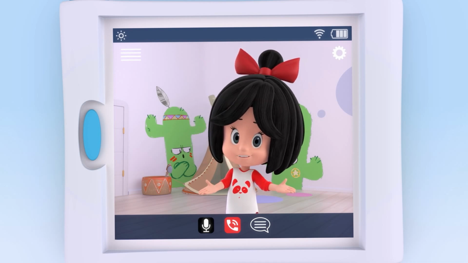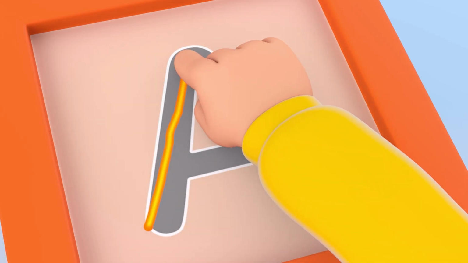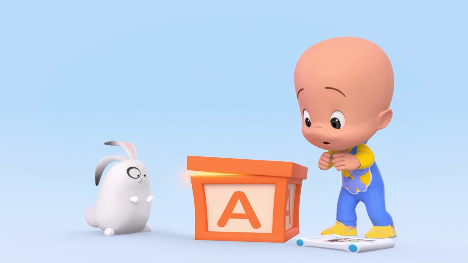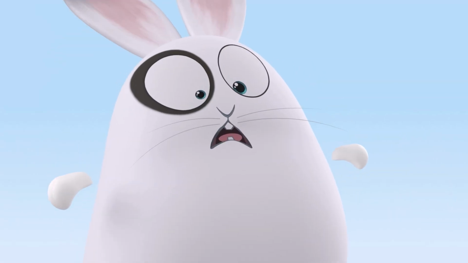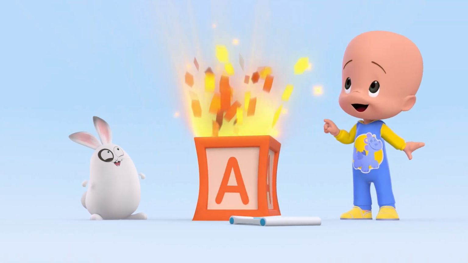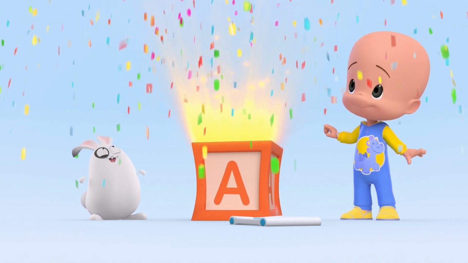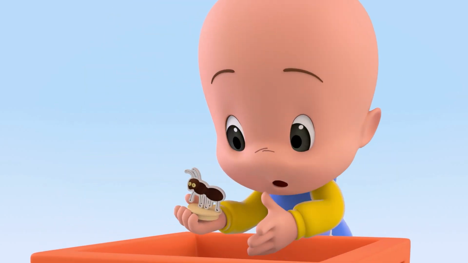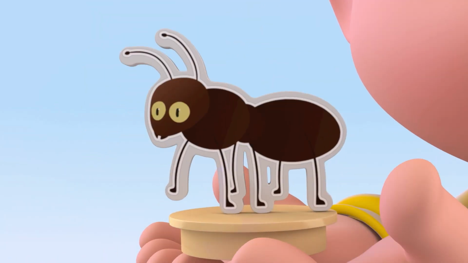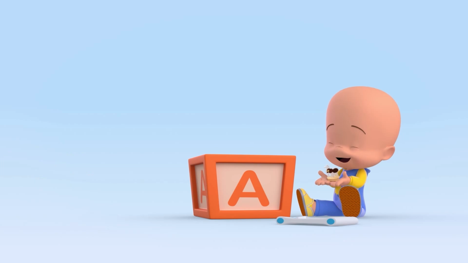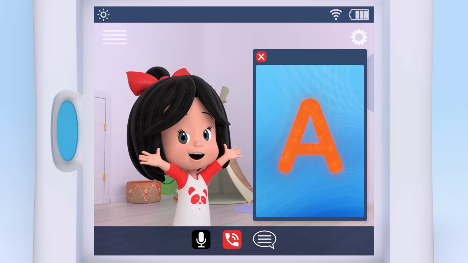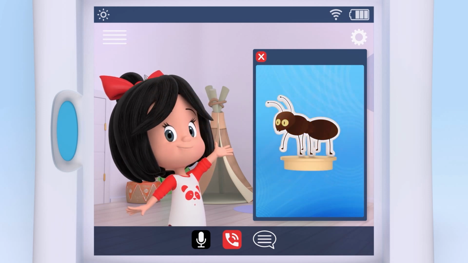Follow the lines. A. Ant. That's right. A is for ant.